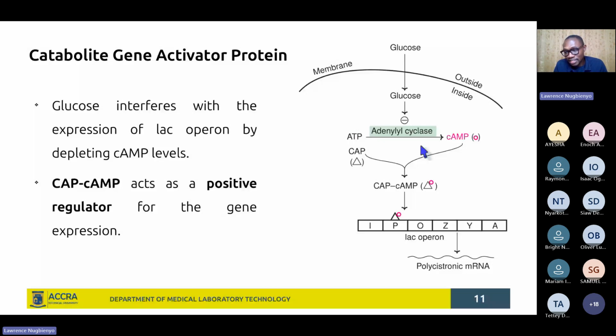What it means is that once you don't have cyclic adenosine monophosphate being produced, you cannot have this complex formed to come and bind onto the promoter to activate the gene before RNA polymerase comes in, and then the process continues. So the process ends here once you don't have cyclic adenosine.